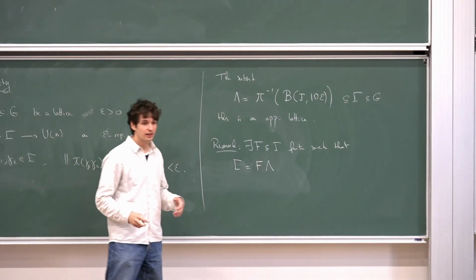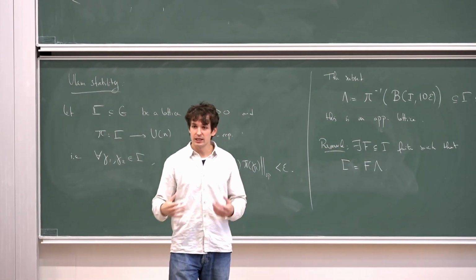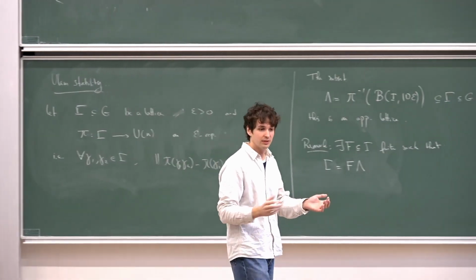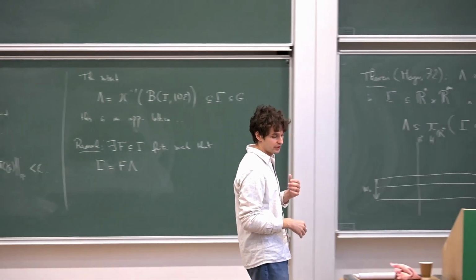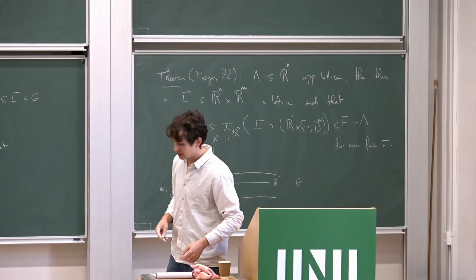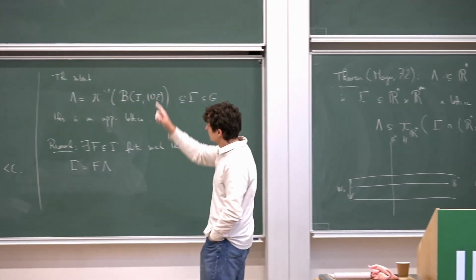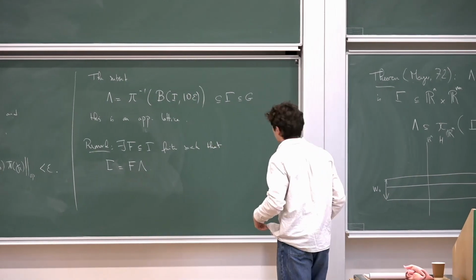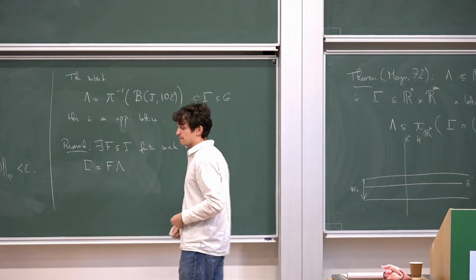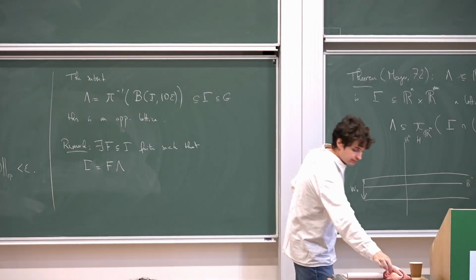Okay, so this is a rather large approximate lattice in some lattice. But that doesn't mean it's not going to tell us anything interesting. Because there's one thing related to that. It's an observation. I think it's this one.